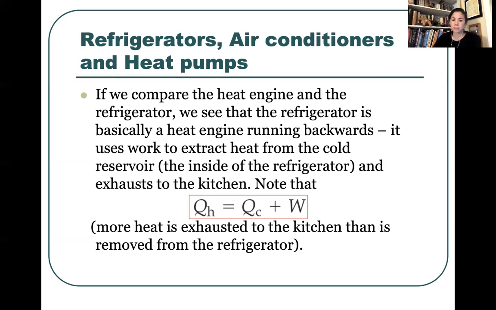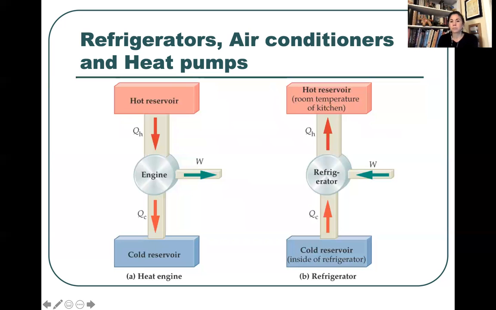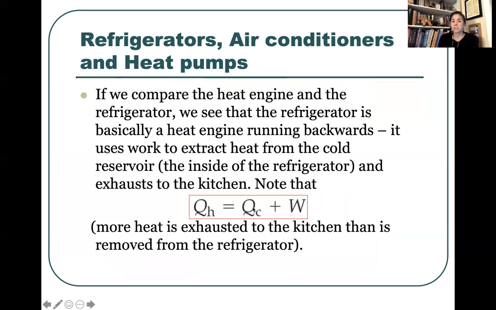That's important, especially when we're going to apply that to the air conditioning system in just a second, so just take a note of that. So the heat that is exhausted to the kitchen, again, if you look at this diagram, this would be the QH. It's QC plus the work. Okay, so you can see that we take QC plus the amount of work that is done.